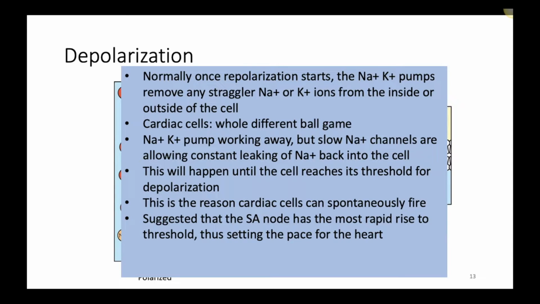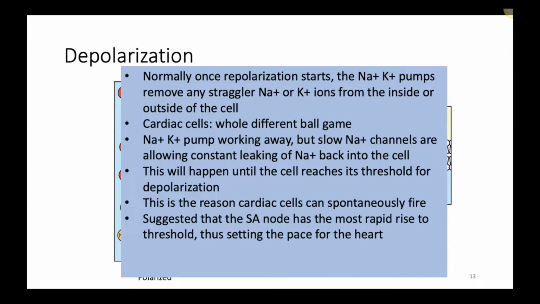Normally, once repolarization starts, the sodium-potassium pumps remove any straggler sodium or potassium ions from the inside or outside. So the sodium-potassium pumps essentially turn on with ATP using energy, and they take the sodium out of the cell, plop it outside, and take the potassium from outside and put it inside.